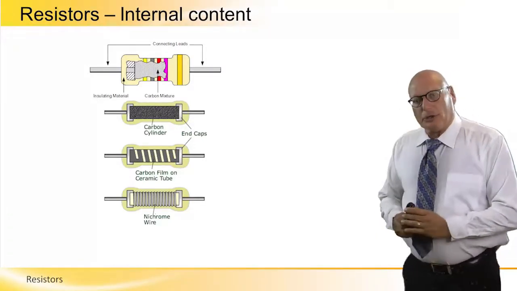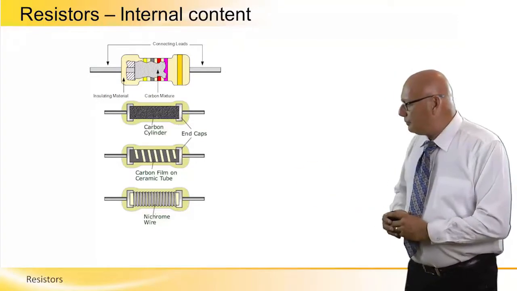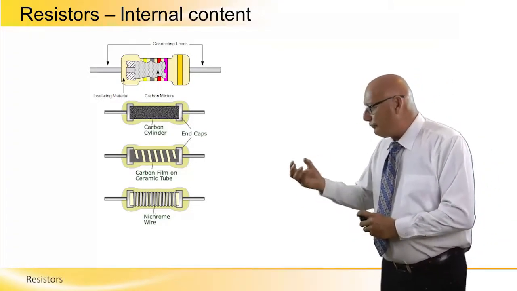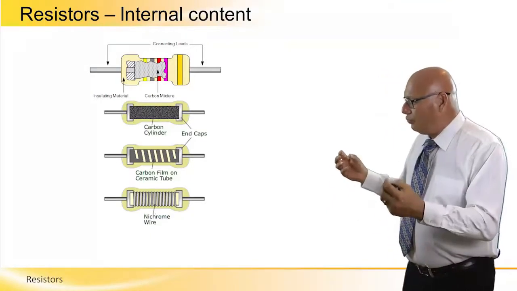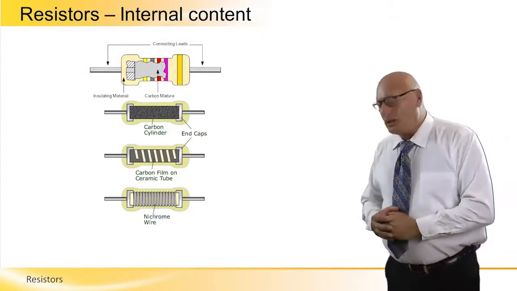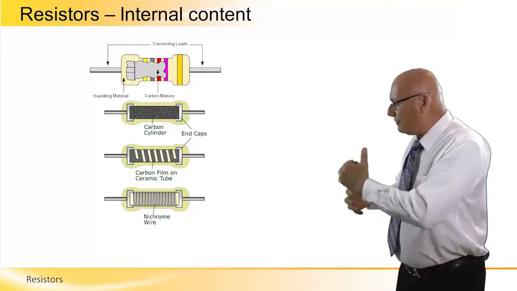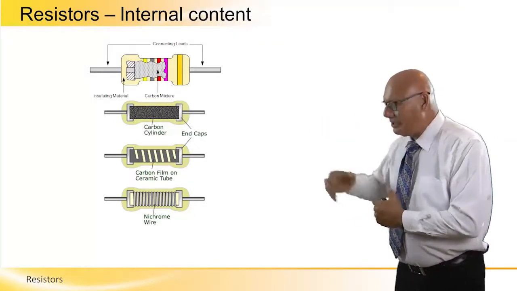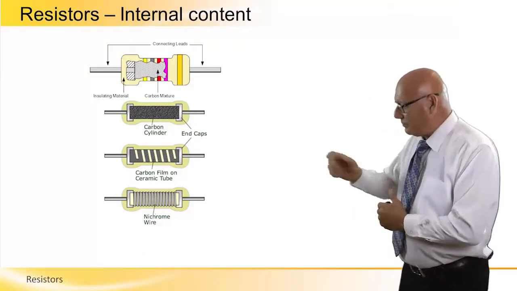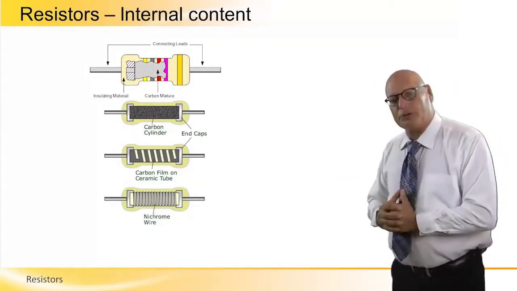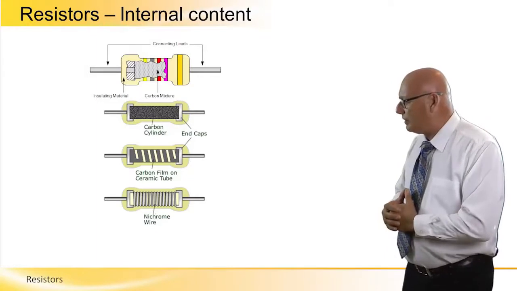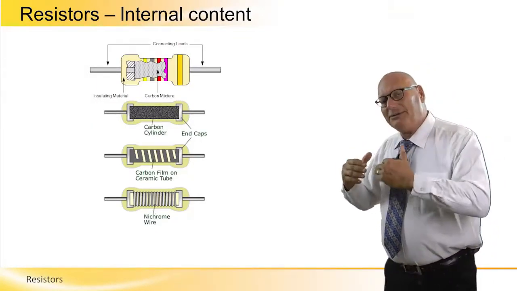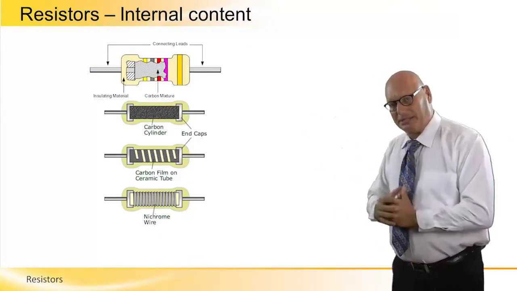There are four different technologies. The one on the top has a carbon fill-up between two end plates, and it's all mounted inside an insulating material. This insulating material, we're talking about the picture on the top, is one that can let the heat be dissipated easily.